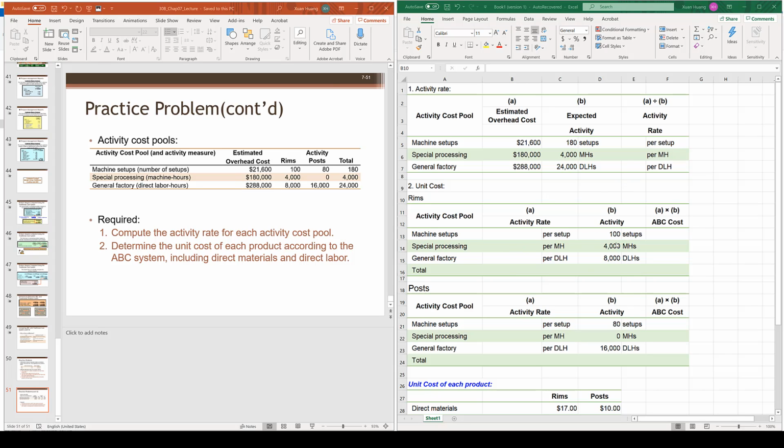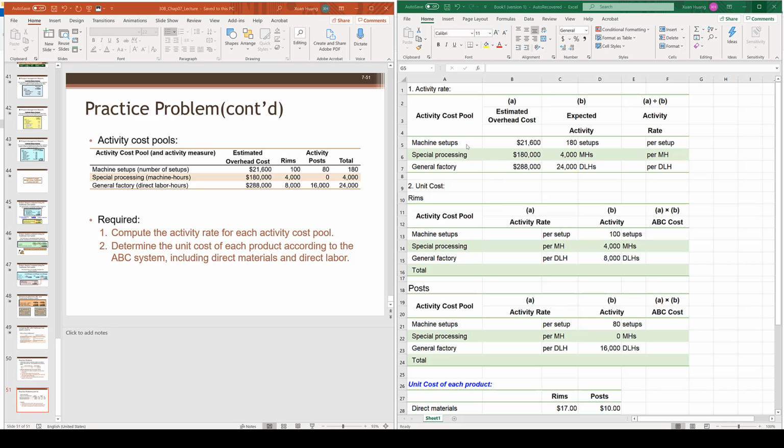I've already set up an Excel file here, and you can see that to calculate the activity rate, we use estimated overhead cost divided by the level of activity for each activity pool.